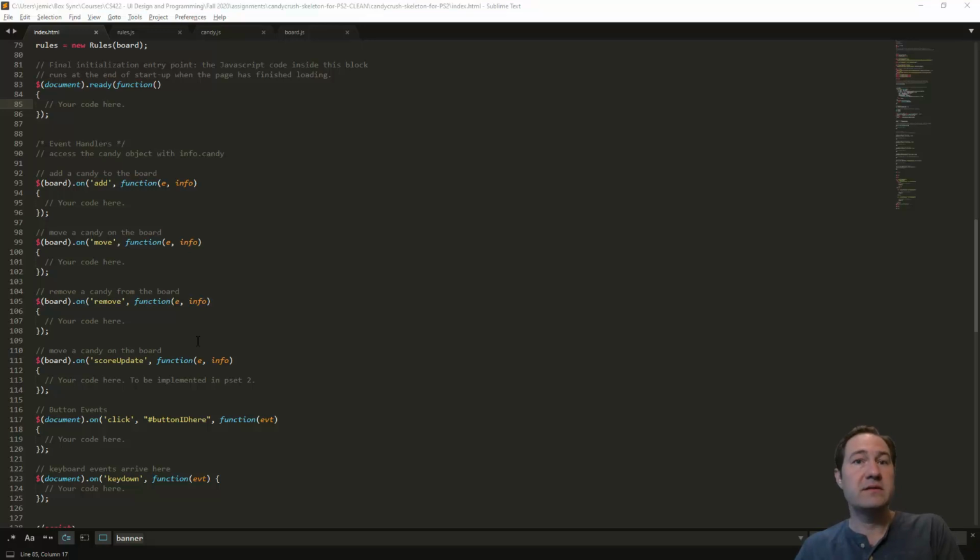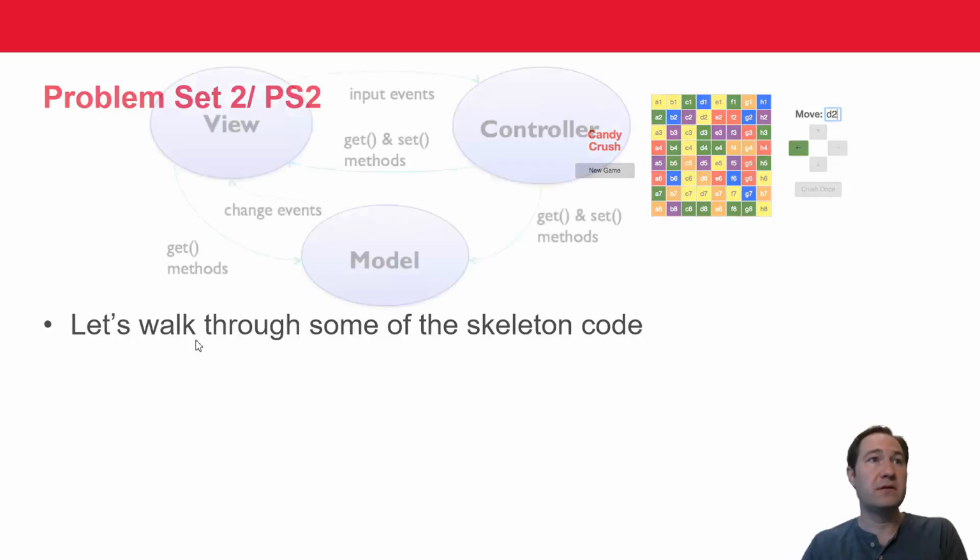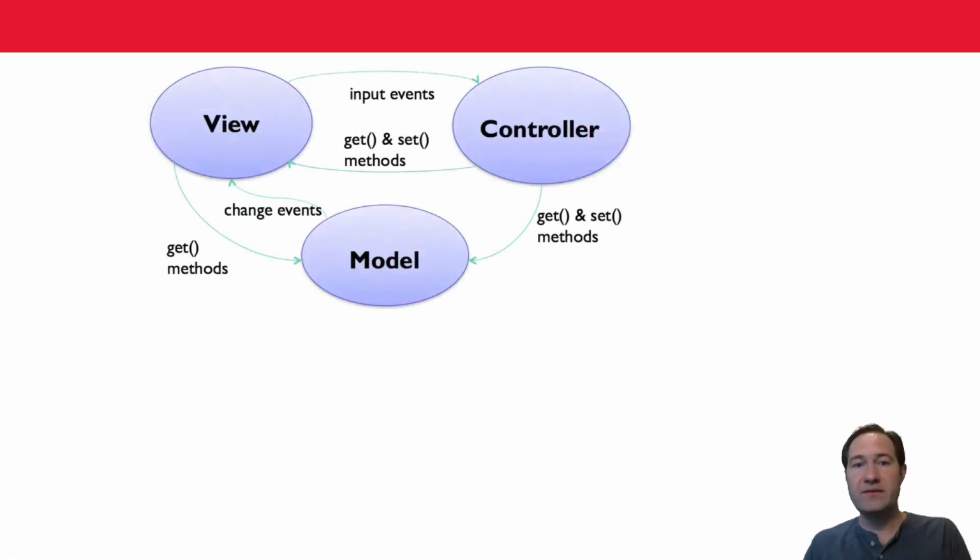So let me go back to some of my slides because I want to take a look at the way we had set up this whole system. Your job, the HTML side here, really is just to update the view, the UI side for the user. And this needs to respond to the model. So whatever the model says the state is, the view needs to represent that. And for input events, the input events need to trigger controller activities, which are going to be the sort of get and set kind of things.